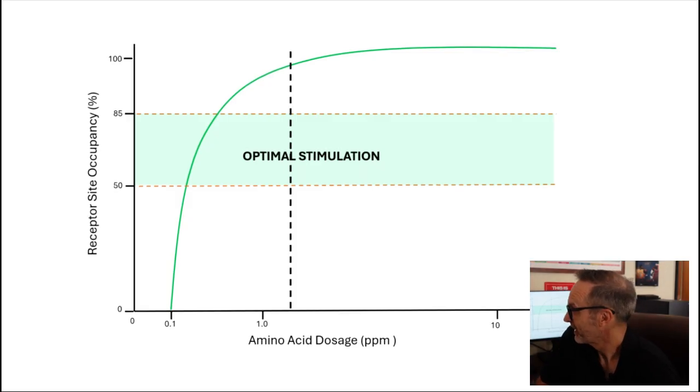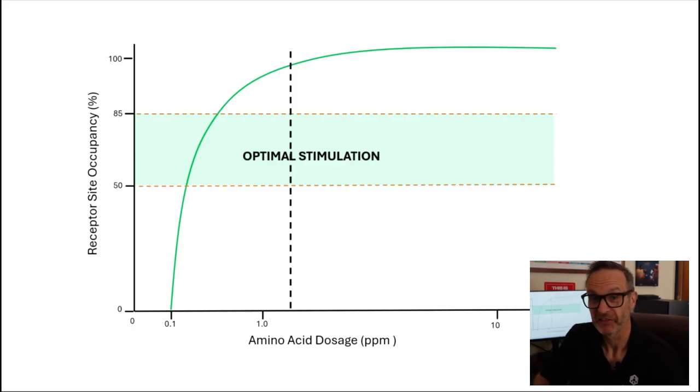Right, so there's our dilemma graph. The vertical line in this case is what's called saturation, which I'll talk about in a moment. And you can see on the left, we've now gone to a microscopic description. It turns out that the level of stimulation we see in the wild and in the fish tank is almost directly correlated to the fraction of amino acid receptor sites occupied. Now, this is how it works for literally any drug.